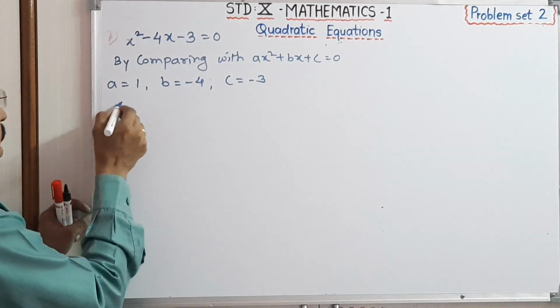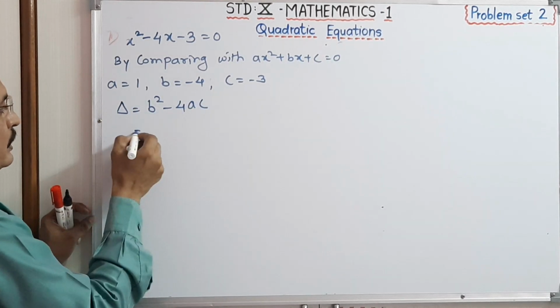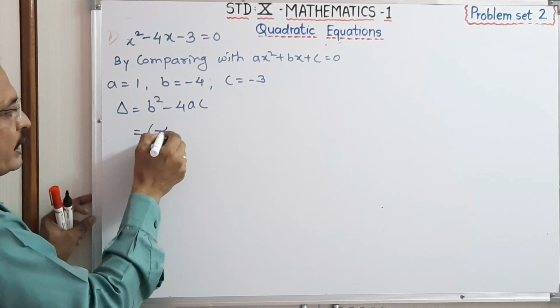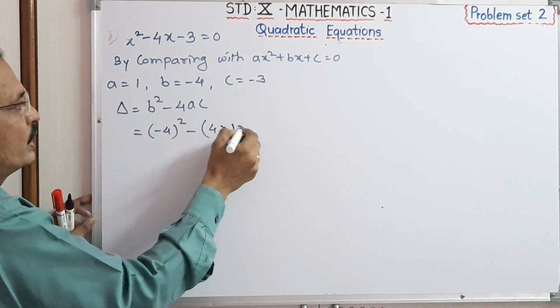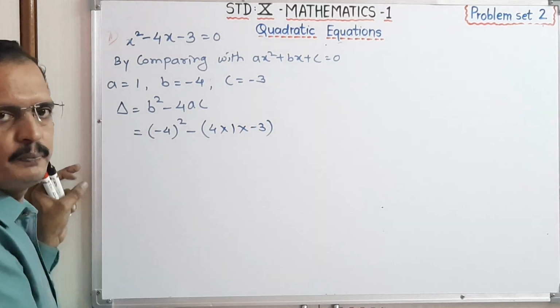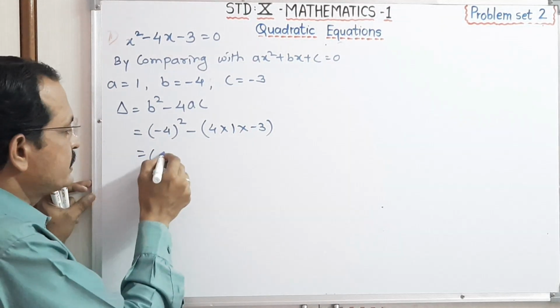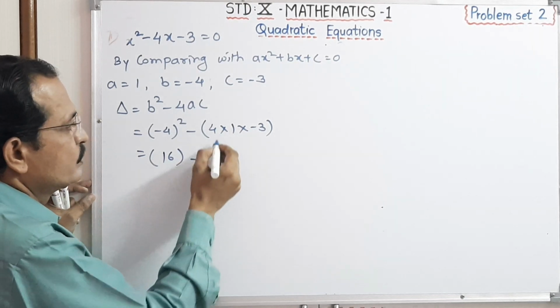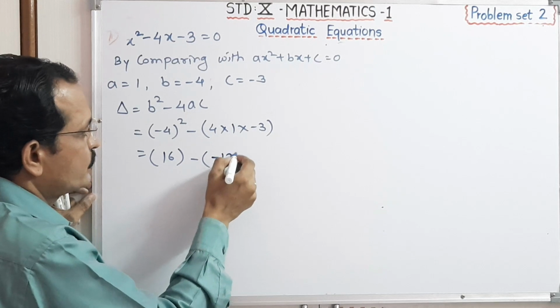3. Delta is equal to b square minus 4ac. B is minus 4 bracket square minus 4 into 1 into this minus 3. Here it is square of minus 4, it is 16 minus 4 ones are 4 and 4 threes are minus 12.